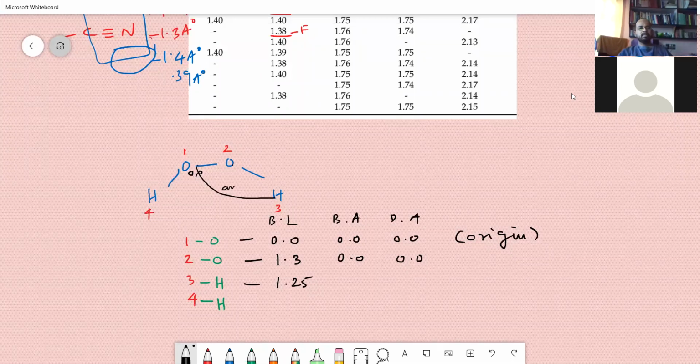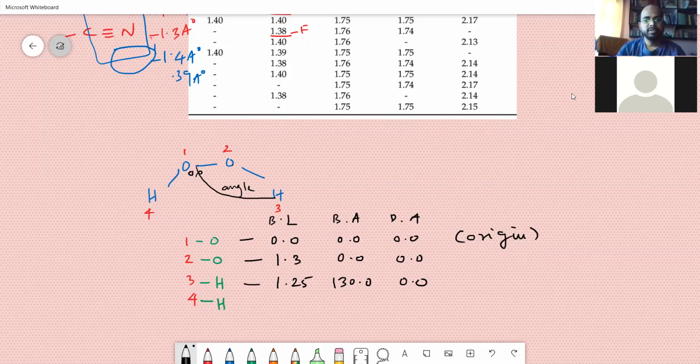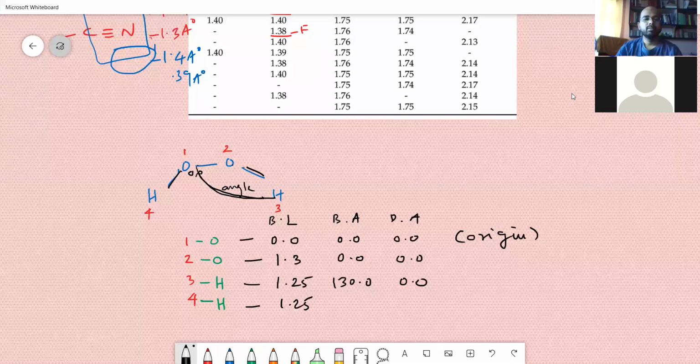This angle will be about 130 degrees, 0.0. Dihedral angle is not there yet. But when you consider the fourth atom, you have to put the same parameters. This bond length and this bond length are both the same, 1.25. This angle and this angle are both the same, 130 degrees.